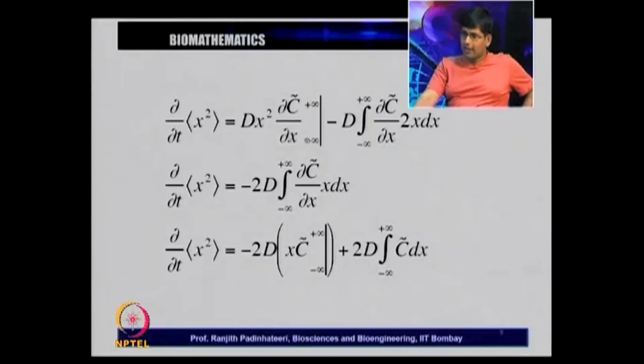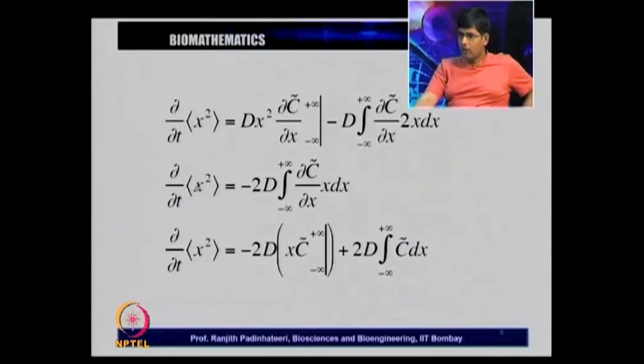Or in other words, it is symmetric, whatever on the left side has to be equal to the right side. So, this term will go to 0, and what remains is just this.